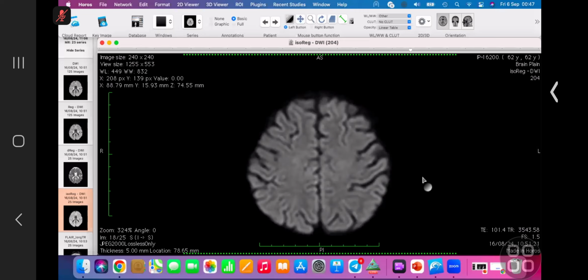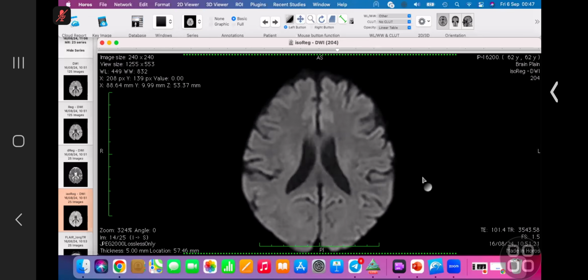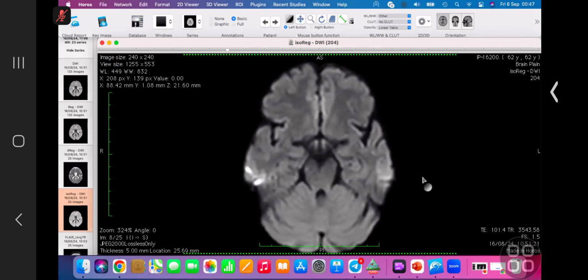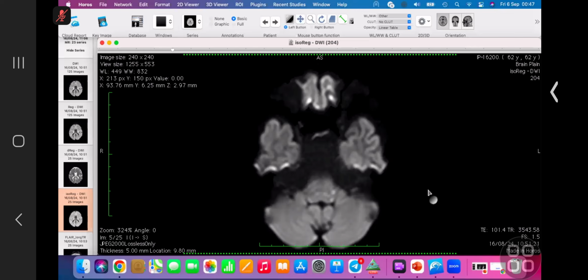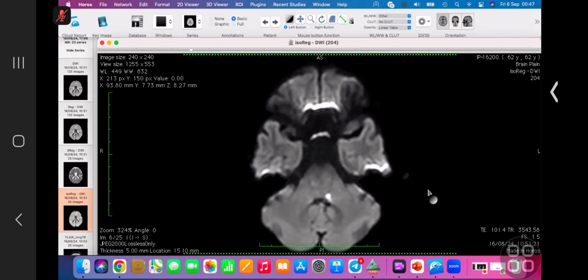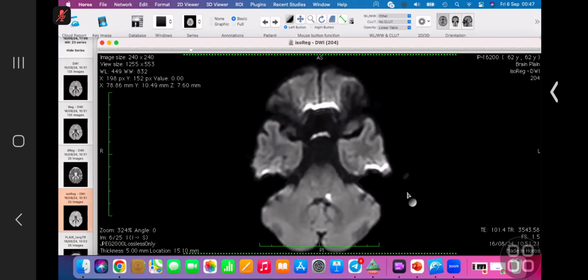Yes. What do you see? There is an area of restricted diffusion at the medial aspect of the left middle cerebellar peduncle, abutting the roof of the fourth ventricle.